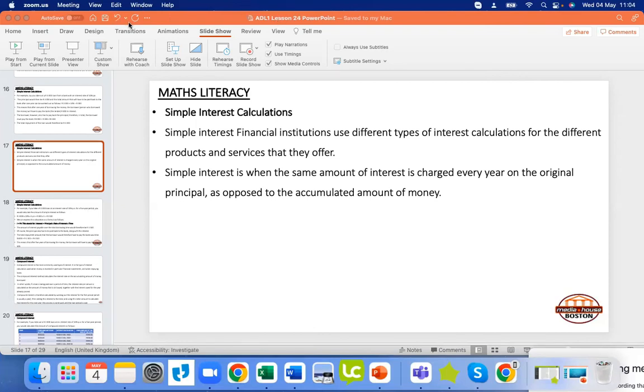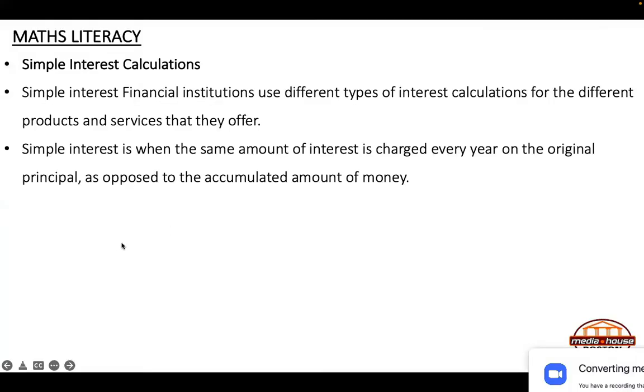Let's continue. Okay. So simple interest: financial institutions use different types of interest, as I said before. Simple interest is when the same amount of interest is charged every year on the original principal as opposed to the accumulated amount of money. So they'll charge you the same amount on the initial amount that you took.